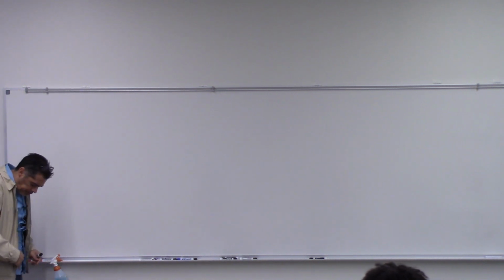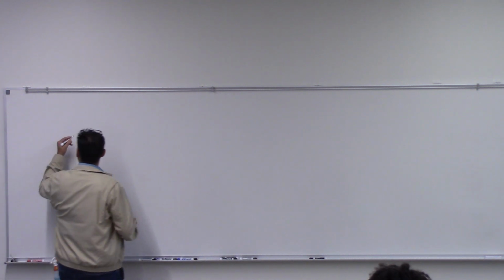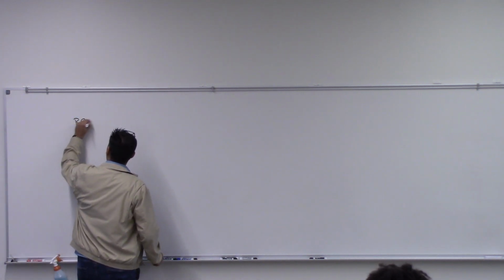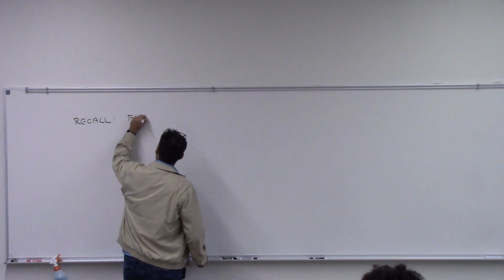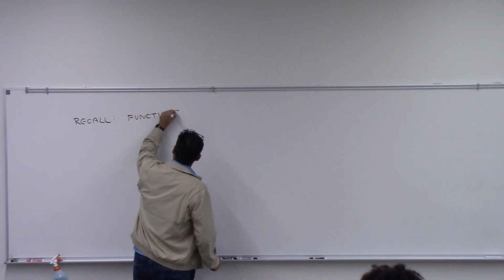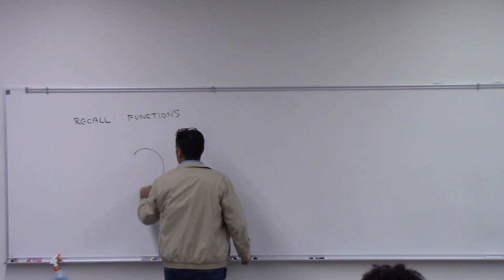All right, so you ready? We're going to talk about one-to-one functions. So let me remind you, recall that when we first defined what a function is, we kind of did it with a picture.